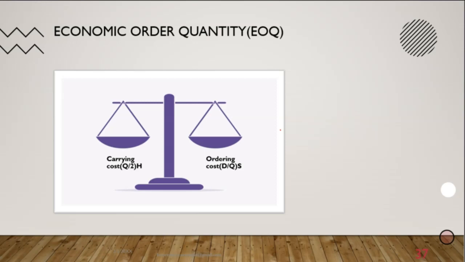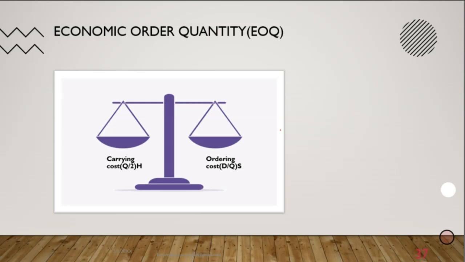That is the point that, if you are managing inventory, you will continue to ensure that each time you order, the cost of carrying, the cost of maintaining inventory, and the cost of ordering inventory will be equal. That is the principle, the concept of economic order quantity.